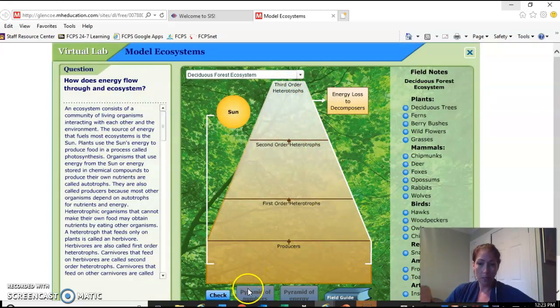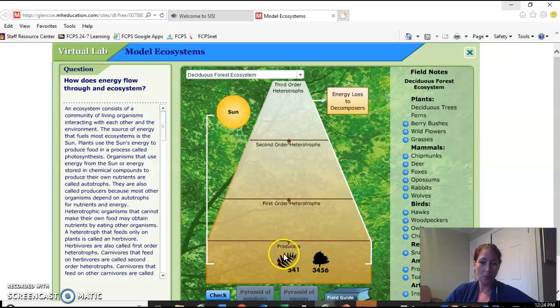So you can either do it in numbers of organisms or you can do it in energy. You're going to click on these guys and pull them down and place them appropriately, and you can check yourself.